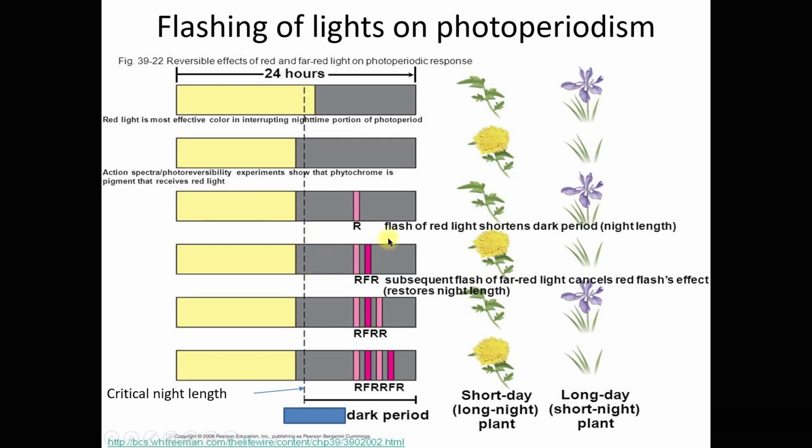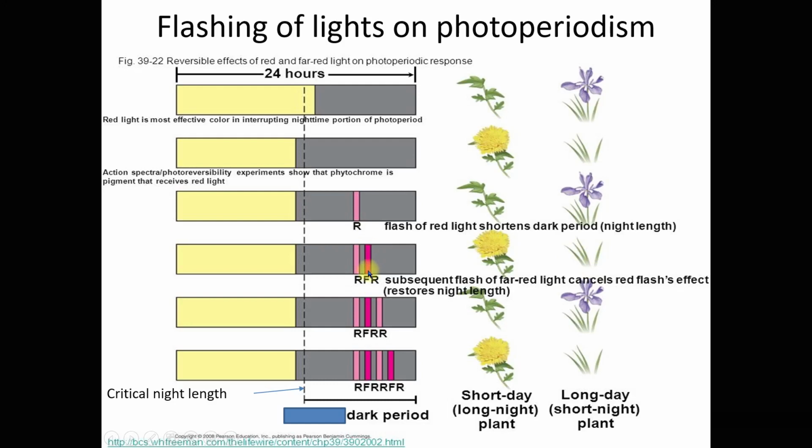By right, with the red light these short day plants would not flower, but the flashing of the far red light causes them to flower. And you can see the long day plants will not flower because of the flashing of this far red light.